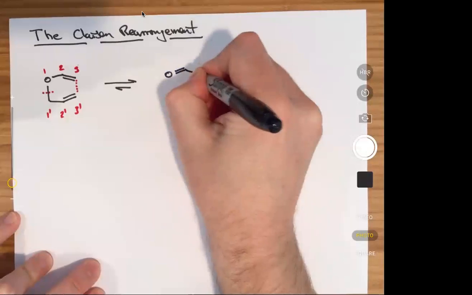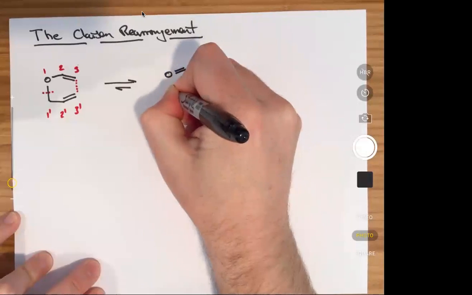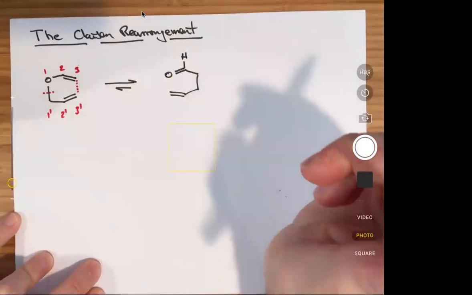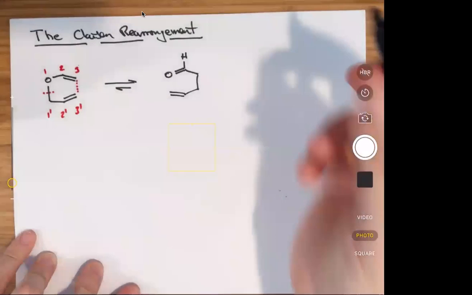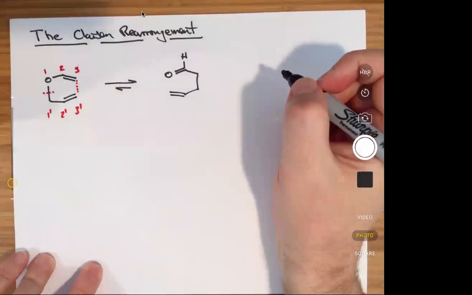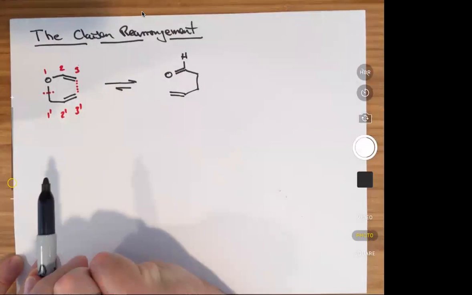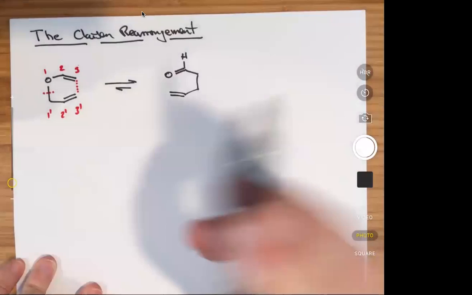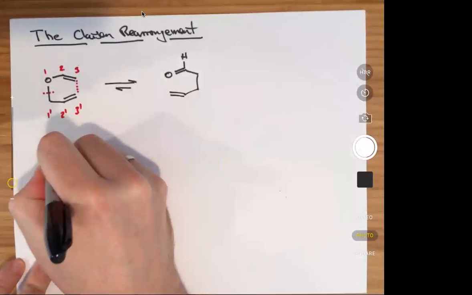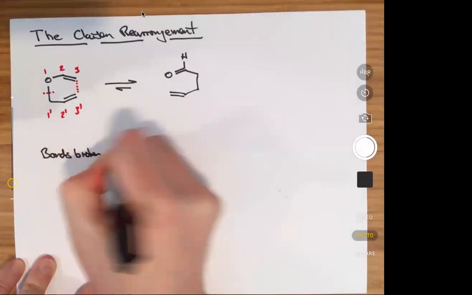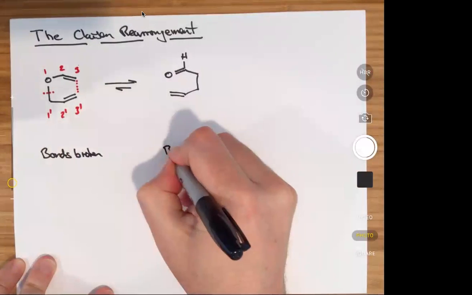So the rearranged product is going to look something like this. So this forms an aldehyde. So we can do a quick thermodynamic analysis for the bonds that are broken and the bonds that are formed in this case. So bonds broken, and bonds formed.